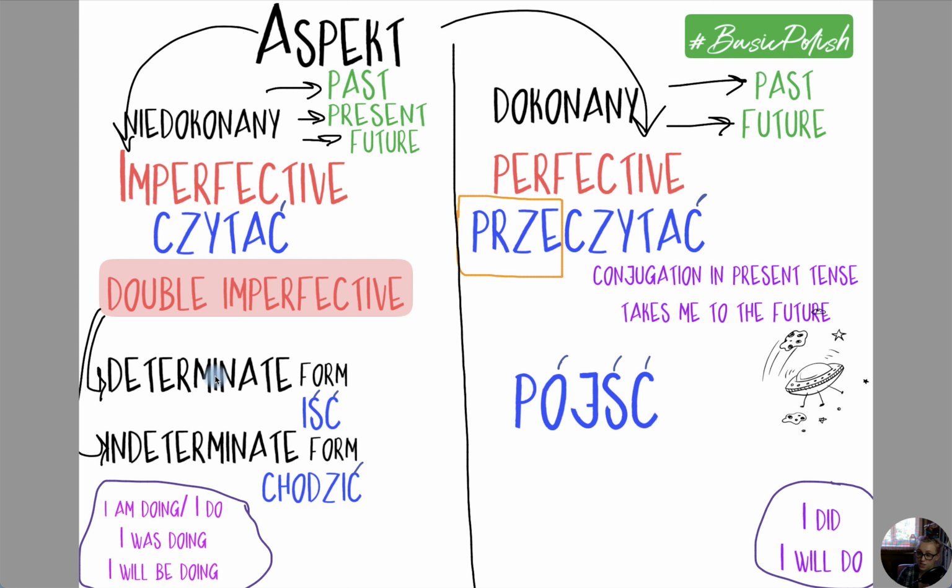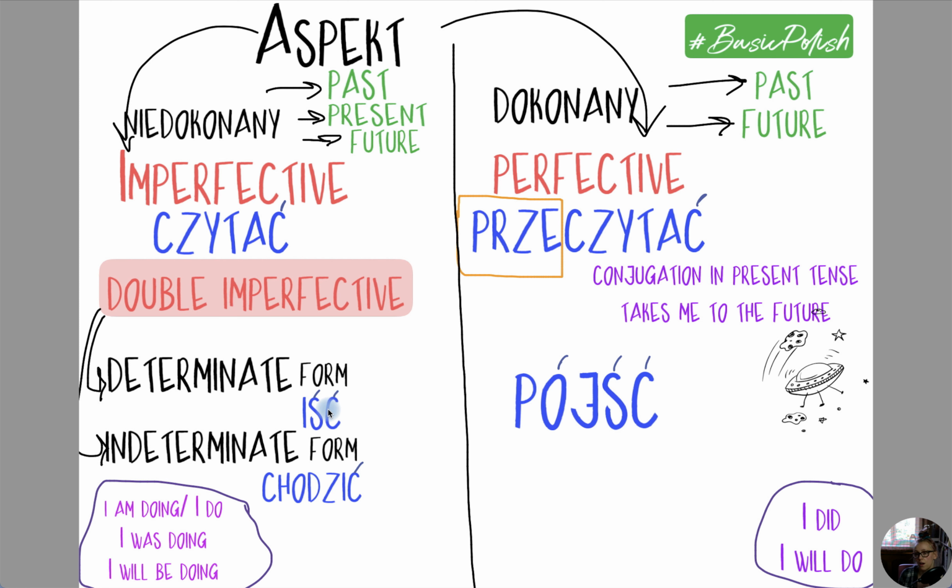But using the motion verb, if you want to say that you are doing something right now, you don't have to even use the word teraz in that instance, because you've got two forms to specify that, right? So I'm flying, I'm going, I'm driving, I'm carrying something. This will be specified by the determinate form. And determinate form verbs, imperfective verbs with a determinate form, will also have perfective partners.